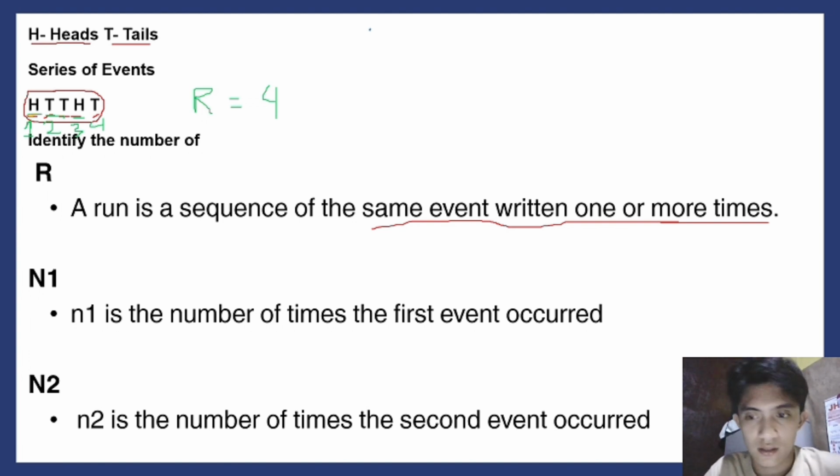Now, let's have n sub 1. Sorry, it is not n1. It should be n sub 1. N sub 1 is the number of times the first event occurred. In this series of events, our first event is the heads, right?